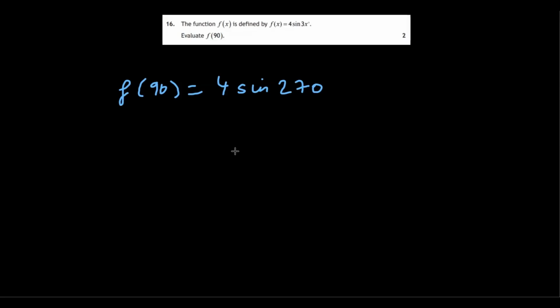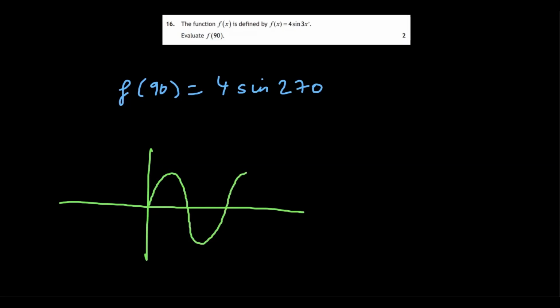And we can actually use a sine graph to work out sine 270. That's why it's important to memorize your trig graphs, so sine and cosine. So the sine graph would just look something like this. That's the x-axis. And then it would go like that along the negative x-axis.